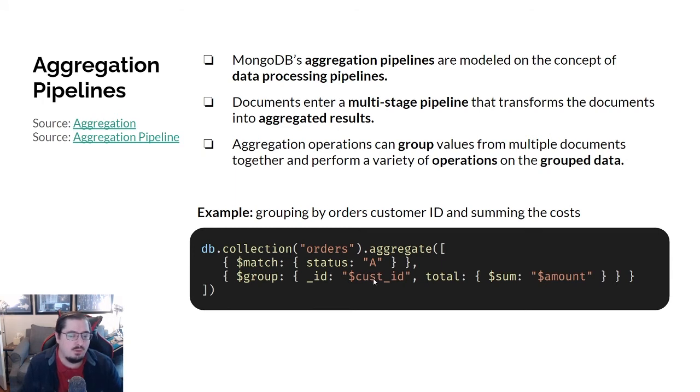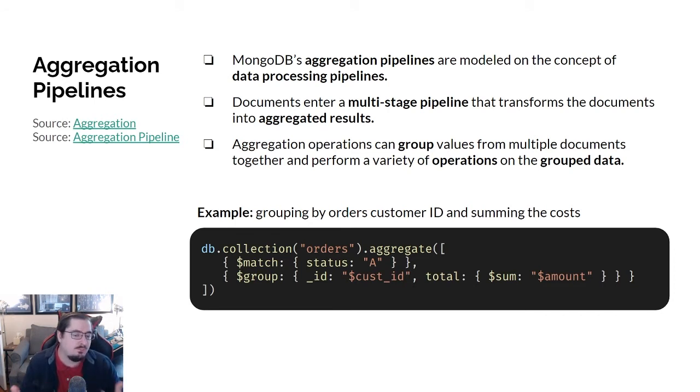So basically, I'm almost renaming the customer ID column to _id. Okay, so it was previously named customer ID on the orders. That's now going to be the primary key for the grouped results. So that _id is what you're grouping by.